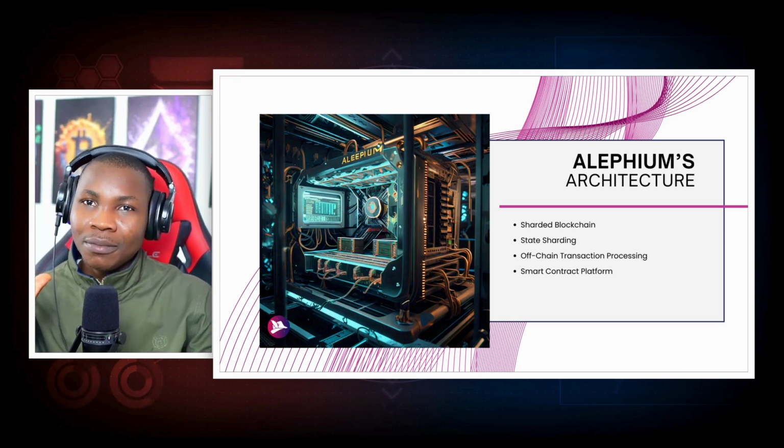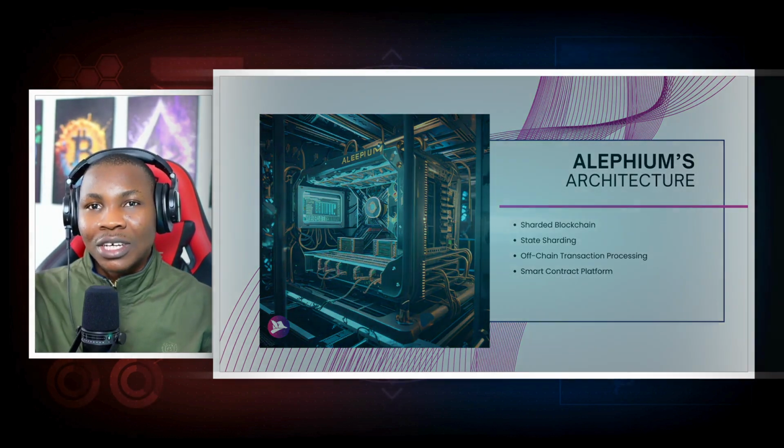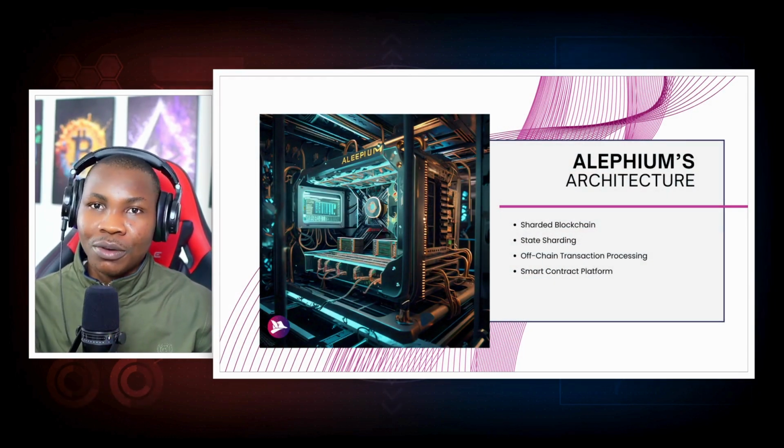So the Alephium blockchain is sharded. What does that mean? This means that transactions are broken down into multiple subsets that can run in parallel, horizontally alongside each other. This methodology brings speed and scalability to a blockchain.